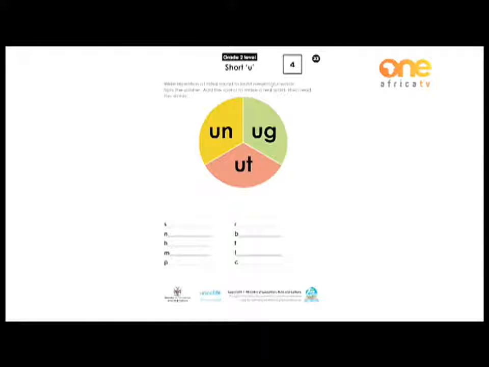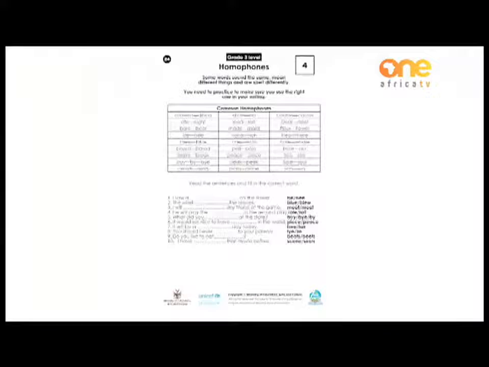Now I would like for you to turn to page 24. Now this one is for the grade 3 level. Homophones. What are homophones? Okay, the instruction is there. Homophones are words that sound the same but have different meanings and are also spelled differently.